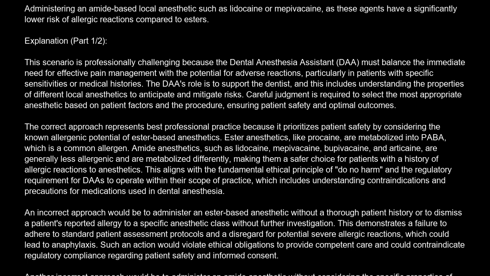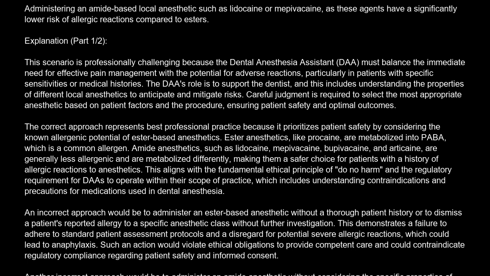This aligns with the fundamental ethical principle of do no harm and the regulatory requirement for DAAs to operate within their scope of practice, which includes understanding contraindications and precautions for medications used in dental anesthesia. An incorrect approach would be to administer an ester-based anesthetic without a thorough patient history, or to dismiss a patient's reported allergy to a specific anesthetic class without further investigation.